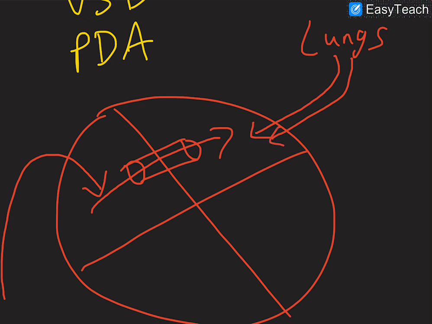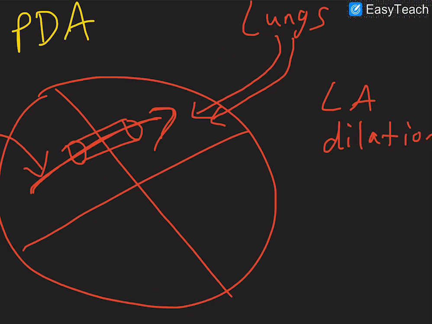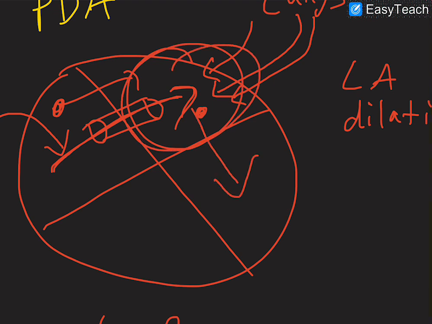So then that means the left heart will get overloaded. So we can see, since all this blood is coming to the left atrium, one thing you can see is the dilation of the left atrium, right? And then all that blood, right? Not only the blood that's coming from the lungs, but also from the right side of the heart, all of that blood is going to the left ventricle now.